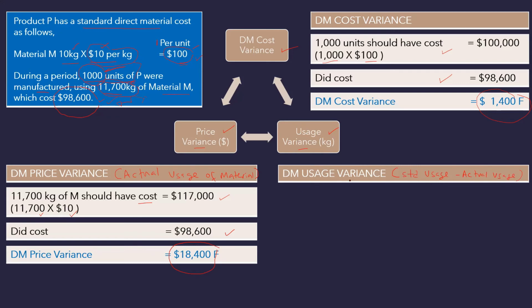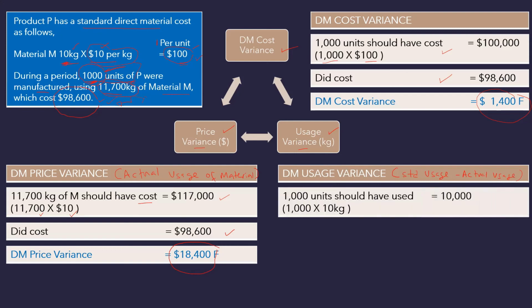The standard usage: we need 10 kg per unit and we produced 1000 units, so we should have used 10,000 kg.